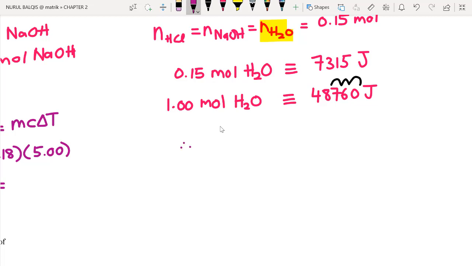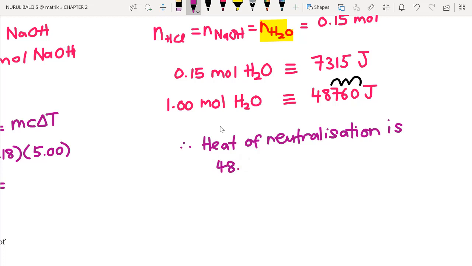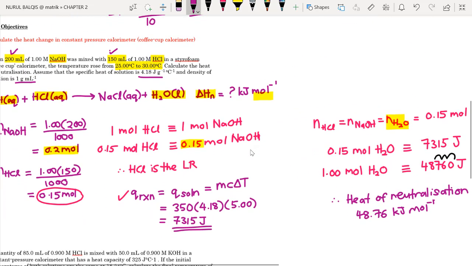Therefore, our final conclusion is that the heat of neutralization is 48.76 kilojoule per mole. Okay, so this is the final answer for this question.